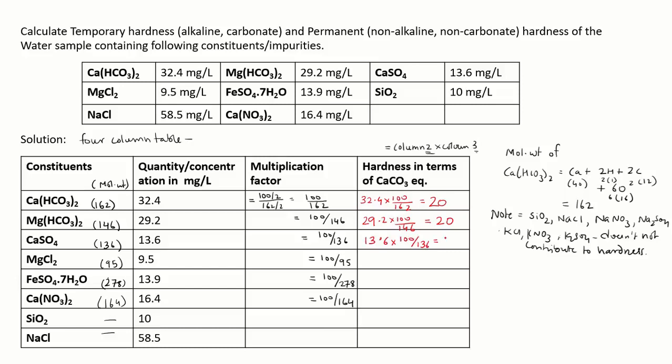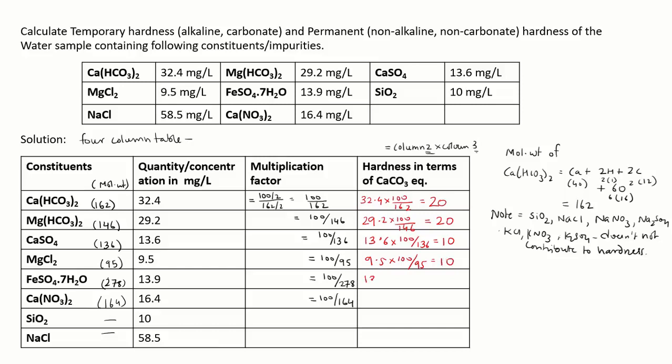So 29.2 into 100 divided by 146 will be 20. 13.6 into 100 by 136 will come as 10. 9.5 into 100 by 95 will come as 10.